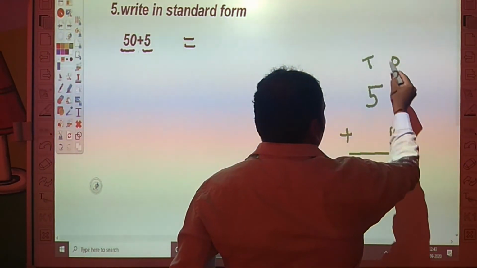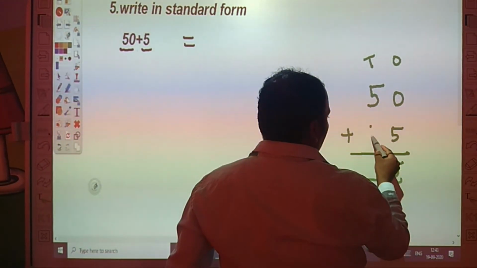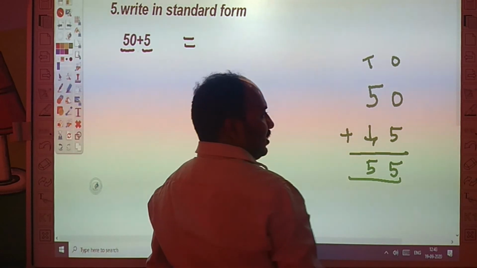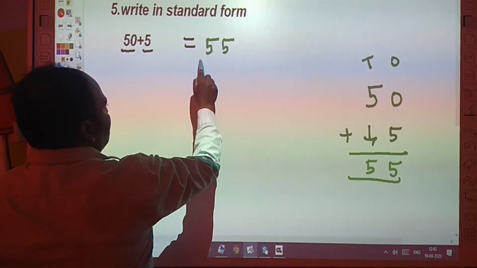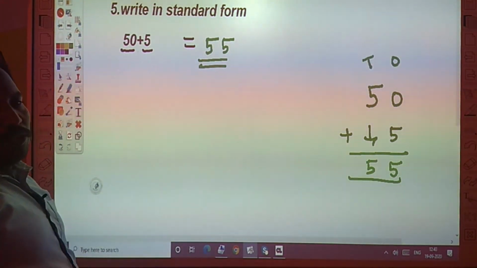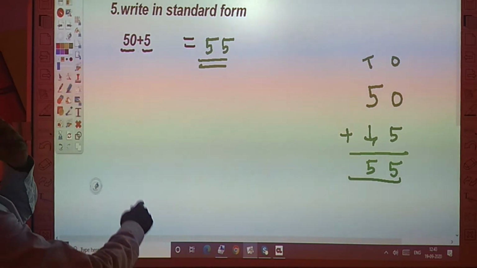Ones and tens: 0 plus 5 is equal to 5. Then bring down the number 5. So the answer is 55. It is called the standard form. 50 plus 5 is equal to 55.